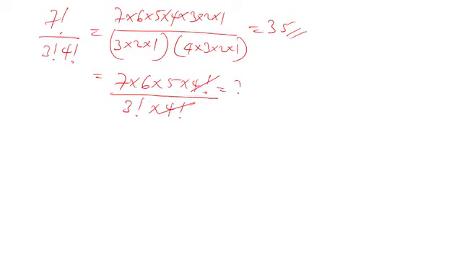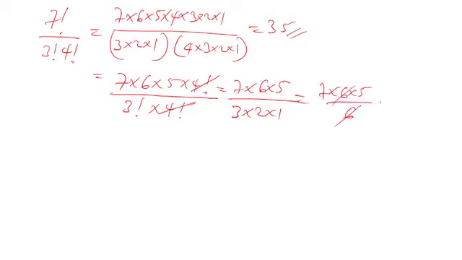You now have 7 times 6 times 5 over 3 times 2 times 1, which is equal to 7 times 6 times 5 over 3 times 2, which is 6, times 1, which is 6.